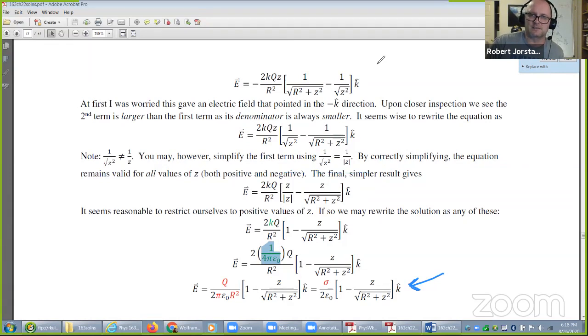Let me pause and see if there's any questions. Am I losing you guys here, or is this okay? I'll get the gallery view so I can see you. Okay, right on.